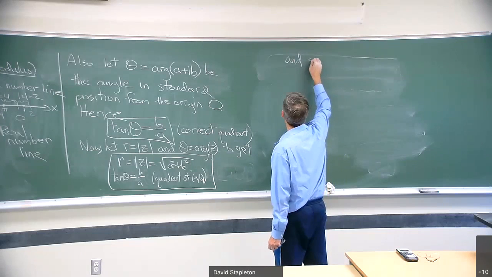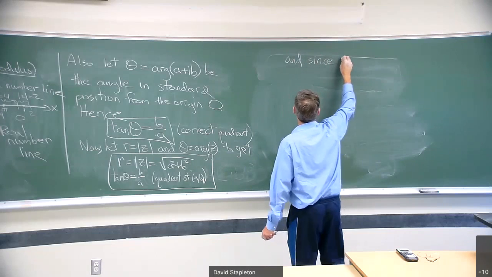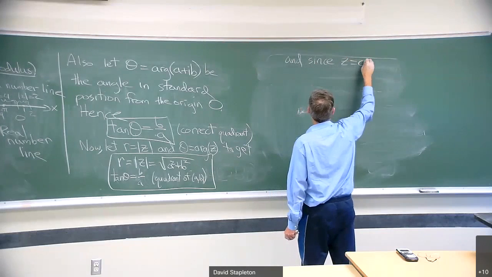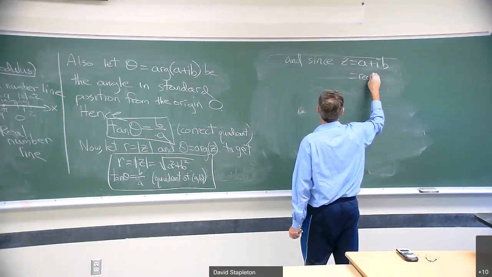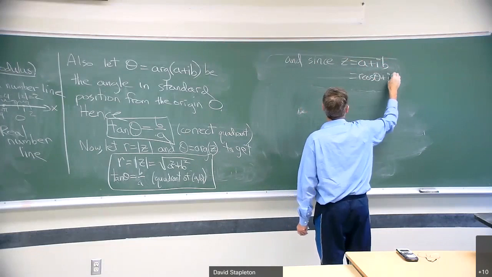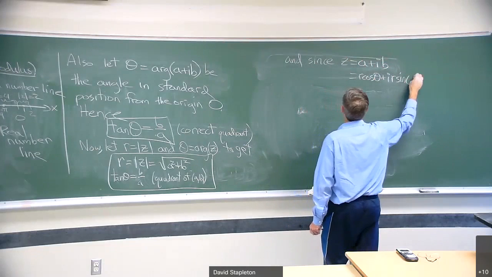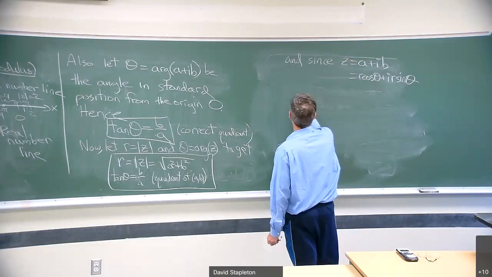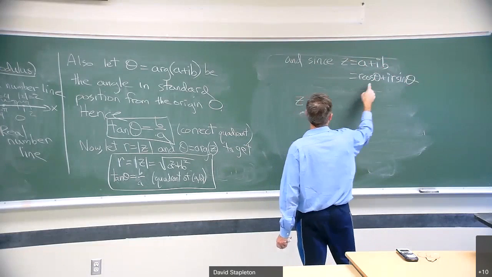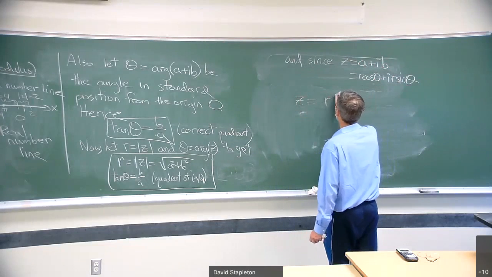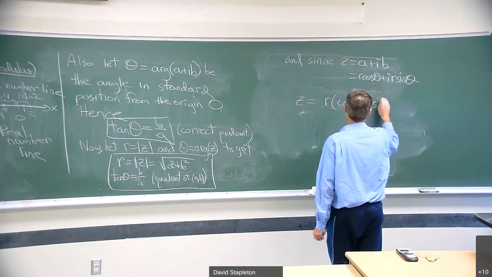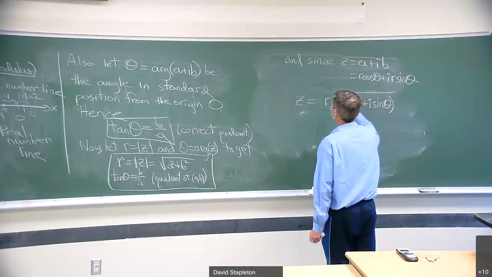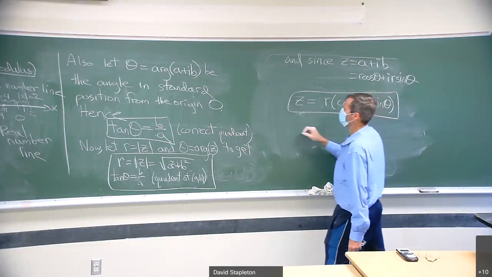Evidently, since z equals a plus ib, and a is r cosine theta, and b is r sine theta, we have that any complex number z can be written as, we'll factor out the r, r times cosine theta plus i sine theta. This is called the polar form of a complex number.